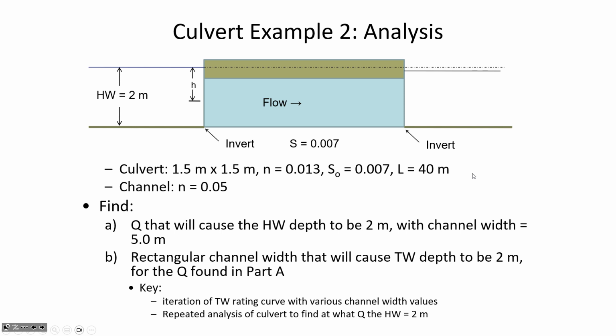So 0.28. So it's 100 meters minus 0.28 meters. And so 99.72, right? 99.72 is going to be the elevation of the downstream invert.